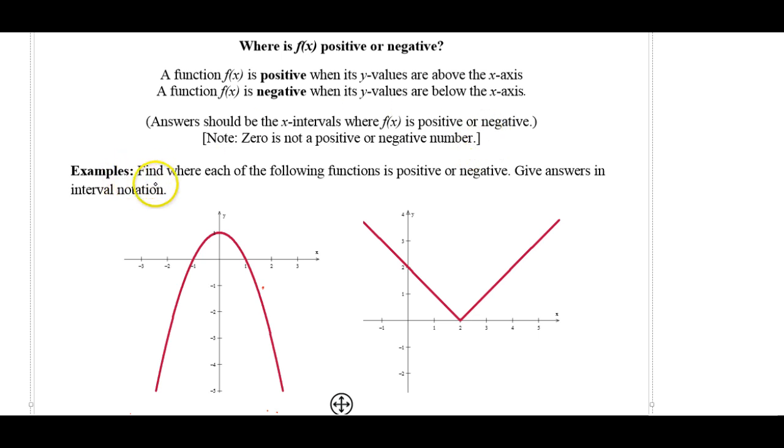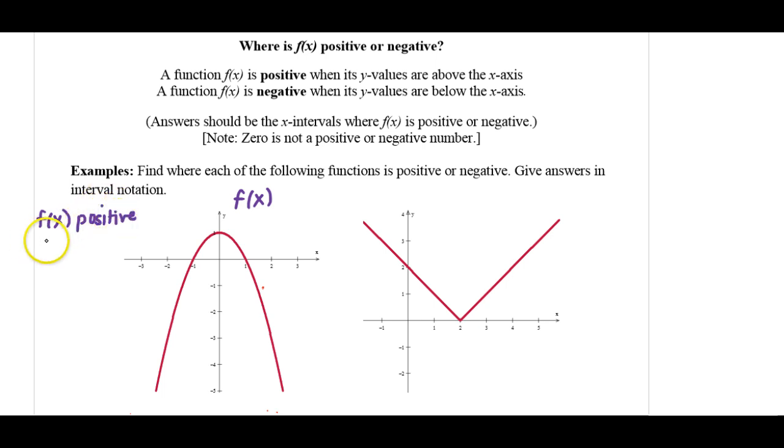In these next two examples, I want to find where each of these functions are positive or negative, and we want to give our answers in interval notation. So let's say this is the function f of x, and I want to know where f of x is positive.